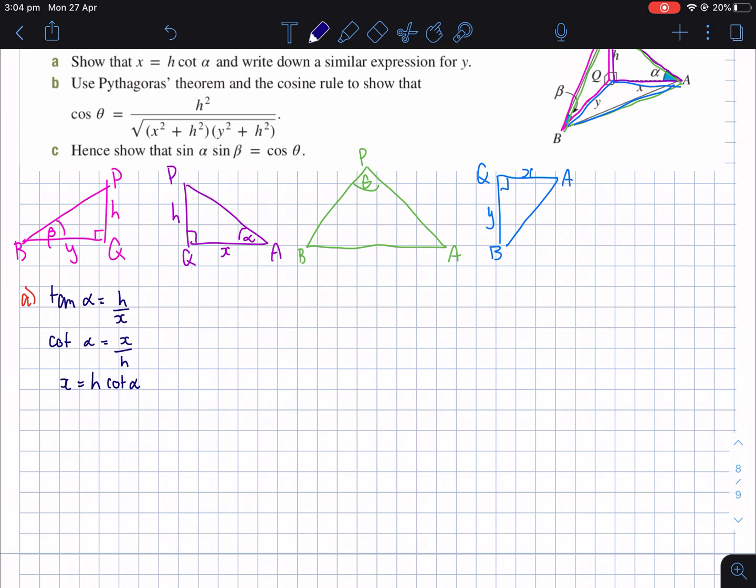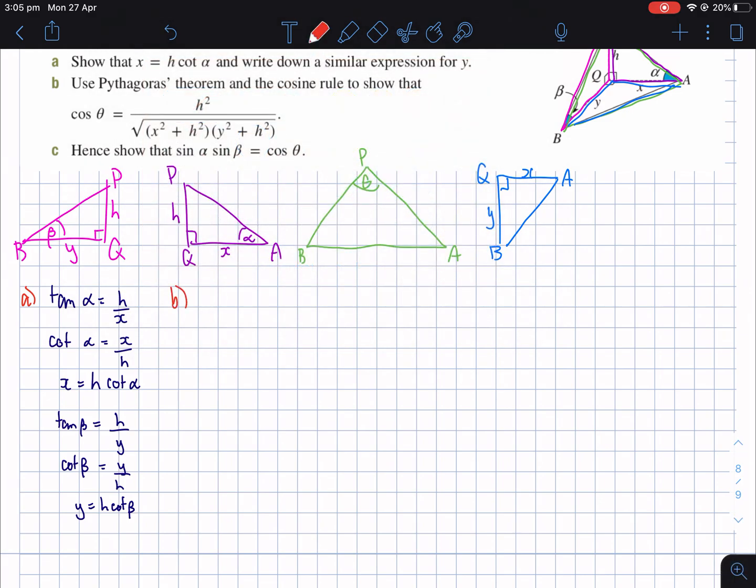And we're going to do something really similar for beta. So tan beta, this time we've got H on Y, which means cot beta is Y on H, which means Y equals H cot beta.